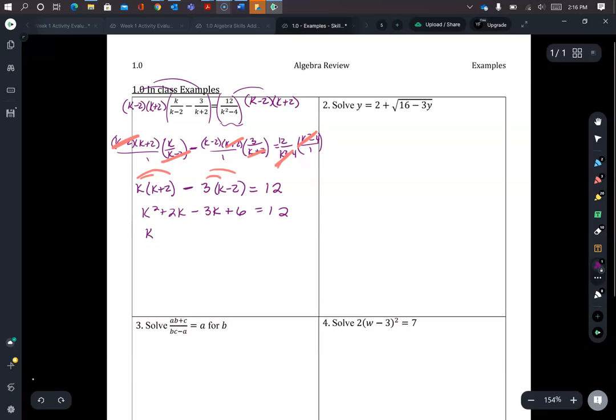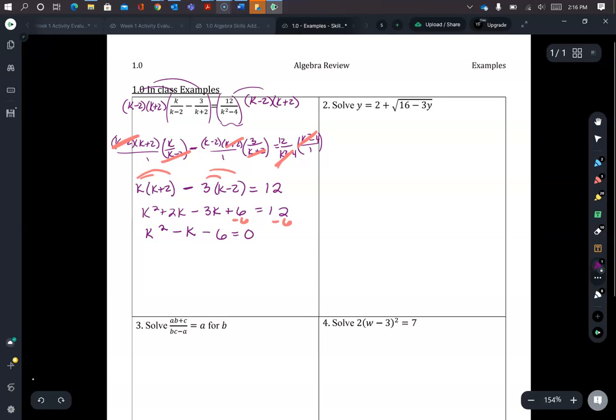I end up with a quadratic here. I have k squared, and then a negative k plus the 6, but I'm subtracting 12 to set it equal to 0. So I'm going to end up having a minus 6 there. So I'm subtracting 12 from both sides.